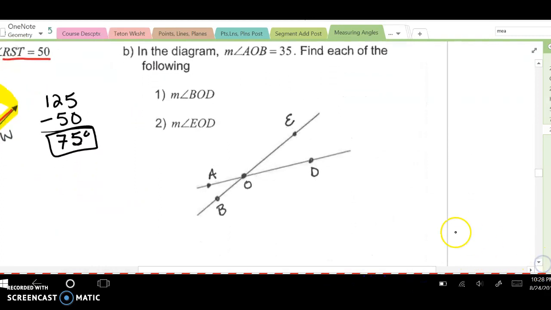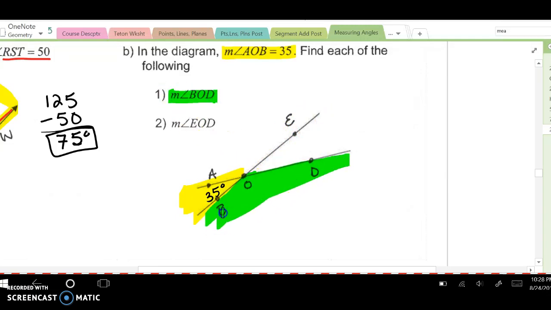Okay, this time angle AOB is 35. A to the O to the B is 35 degrees. So how many degrees is BOD? My bad, first of all, let's find BOD. So this green angle, well, I know that this is a straight line, and so I know that those angles are back-to-back and form a line together.